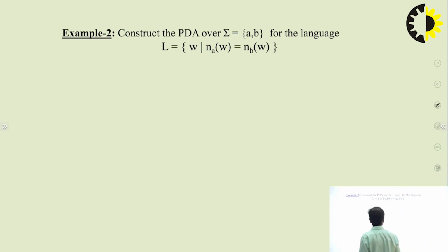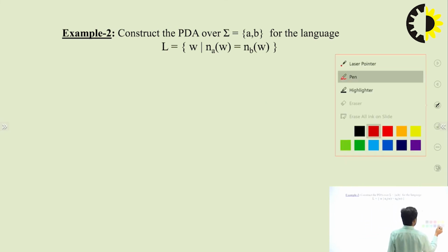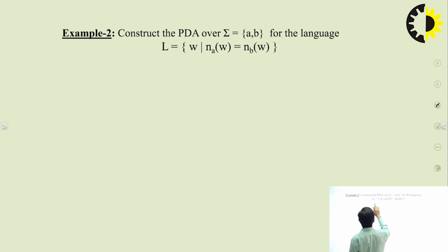Now see one more example to construct the PDA. Construct the PDA over sigma equal to A comma B for the language L such that string W is such that number of A equals number of B. Here number of A in string W equals number of B in string W. How do we construct the PDA for that?